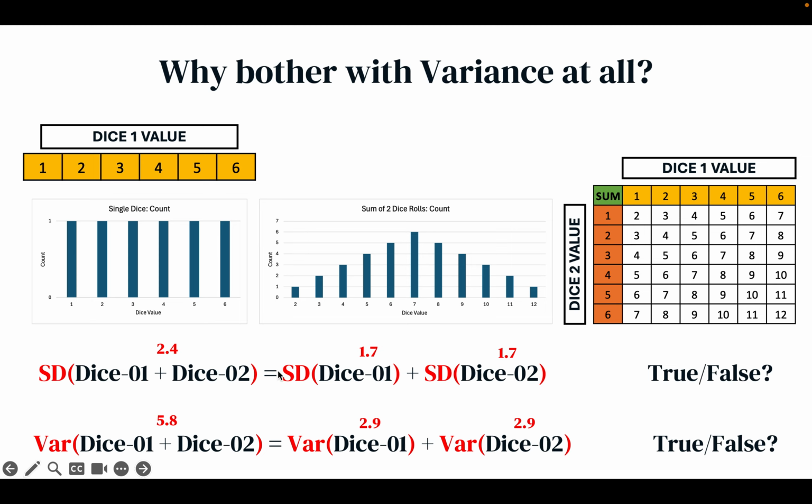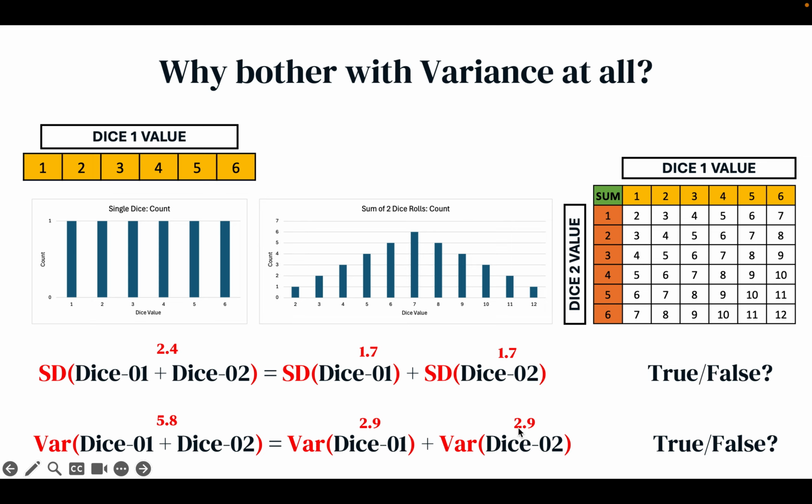Interestingly, it is true in the case of variance, which is what makes variance very important in many aspects. Because notice now the variance of the sum of two dice equals the sum of individual variances of these dice, right?